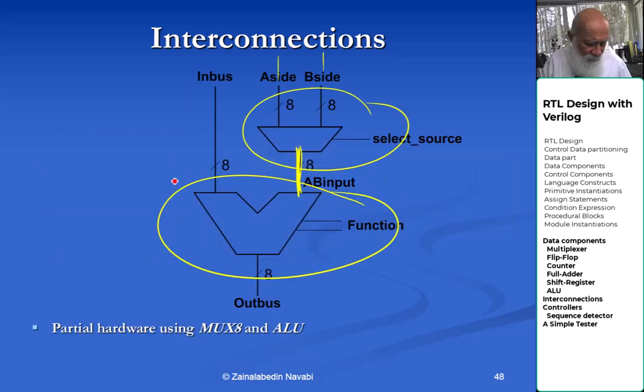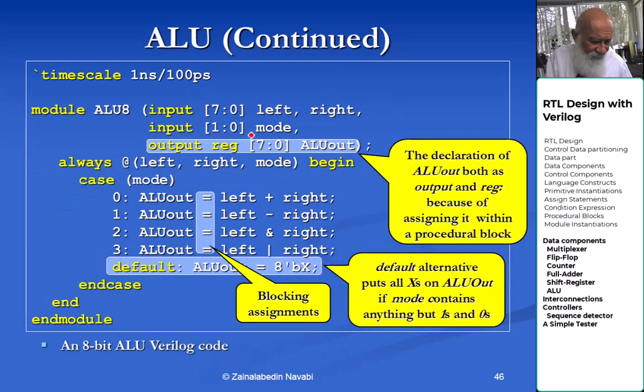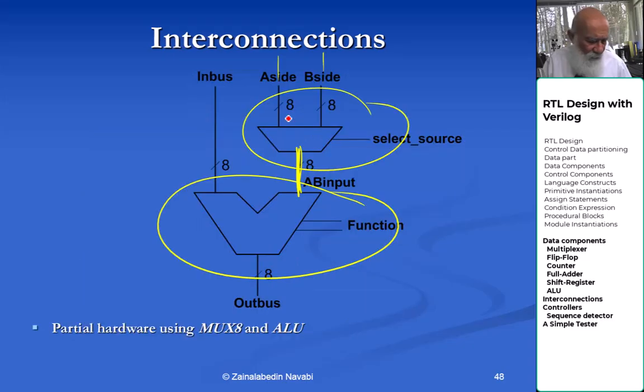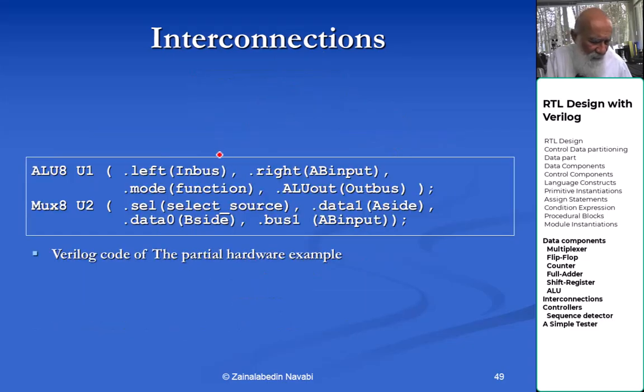Let's look at ALU. ALU has a left input, and therefore here it is saying the in bus that is visible in this description connects to the left named input of the ALU.